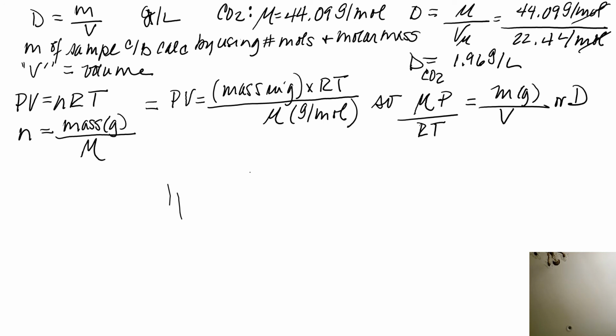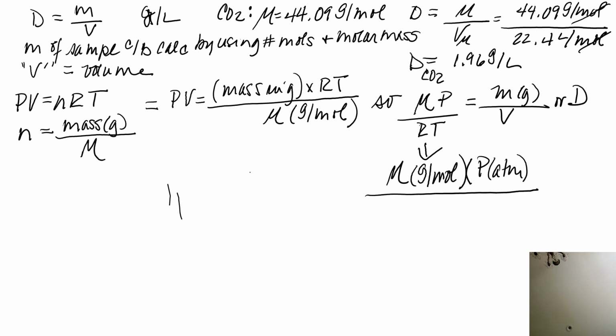So let's look at the units on the left side of this equation, where we have molar mass in grams per mole times P, which of course is in atmospheres, divided by liter atmosphere over mole K times K, which of course is temperature.